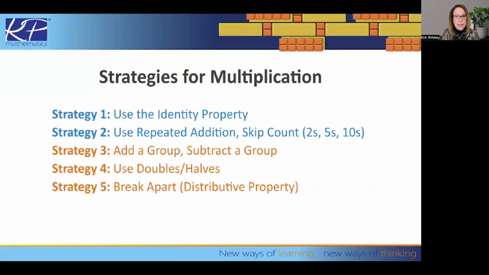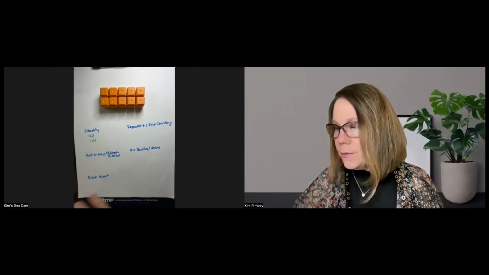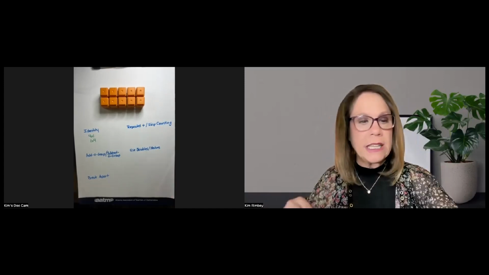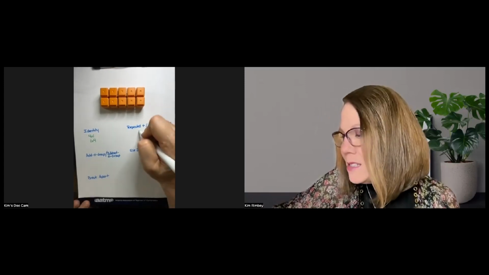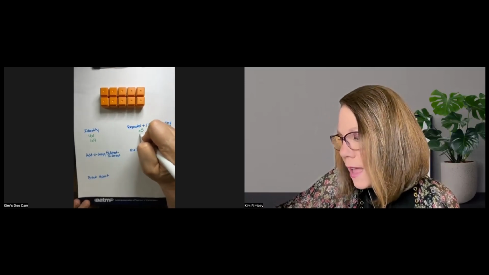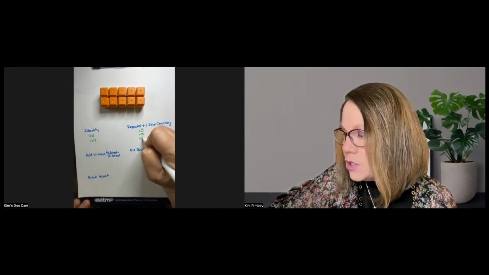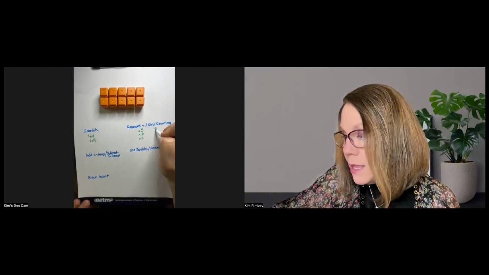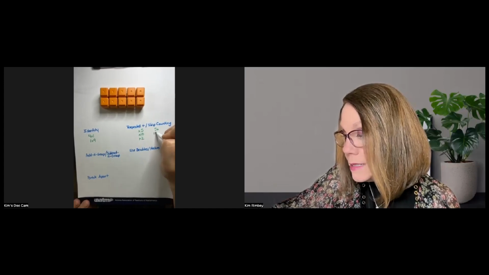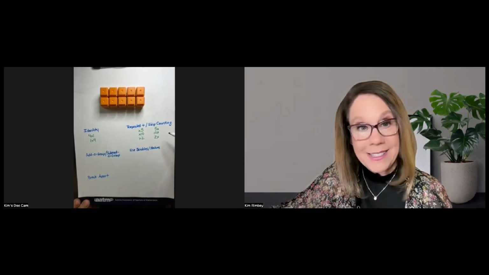So the next one we're going to take a look at is this idea of repeated addition and using skip counting. So with repeated addition and skip counting, honestly, this is often our times 5s, our times 10s, sometimes our times 2s. We can also think the 5 times, the 10 times, the 2 times.